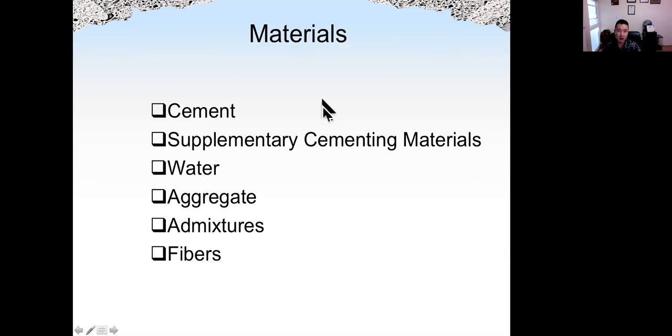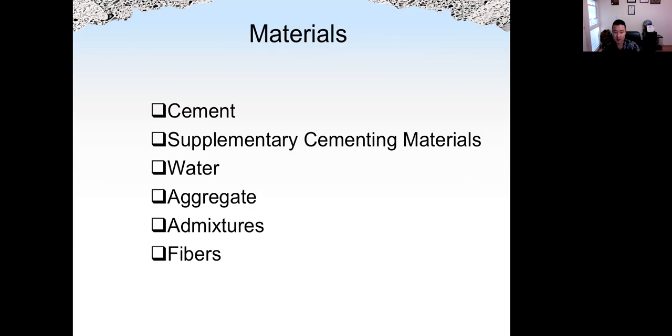Materials we can use in concrete include cement, water, supplementary cementitious materials such as fly ash, slag, silica fume, okay. Water, of course, sand and coarse aggregate, and also chemical admixtures.